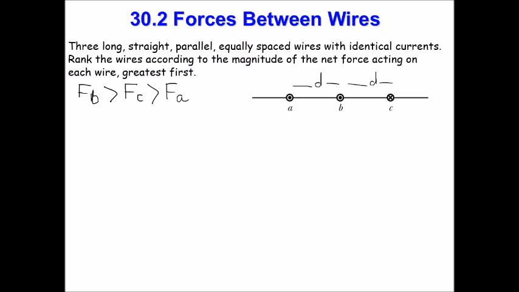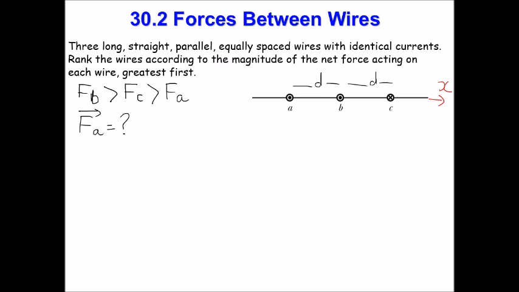Here I will give you one example of how to do things. Let's say I want to calculate the magnetic force acting on wire A. What is FA in vector form? I will call this the x-axis, and I will draw the different forces acting on this wire.